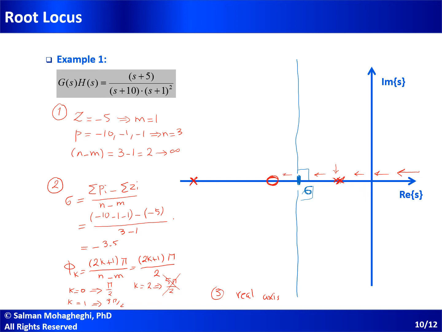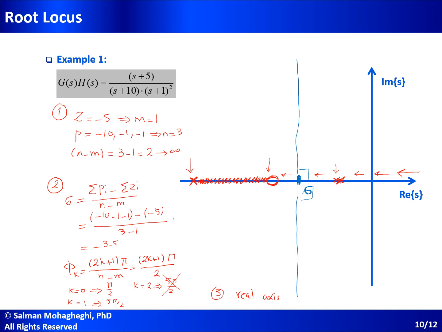So everything remains the same until I get to this point. At this point, I now have 3 poles and zeros to my right. That's an odd number, so that becomes a part of the root locus. So this portion of the real axis becomes a part of the root locus until I get to this point. As I move past that point, I will have 4 zeros and poles to my right. That's an even number, so it's not a part of the root locus.